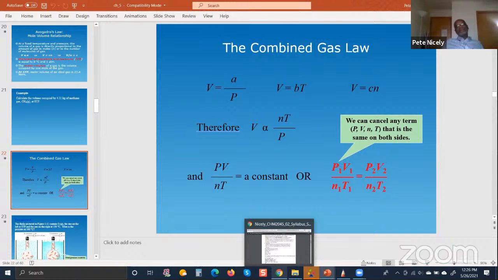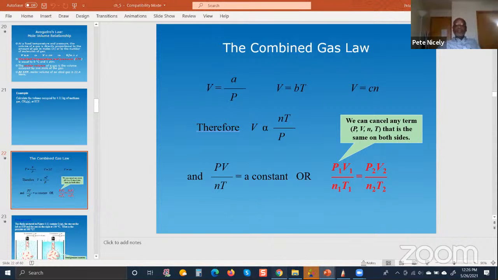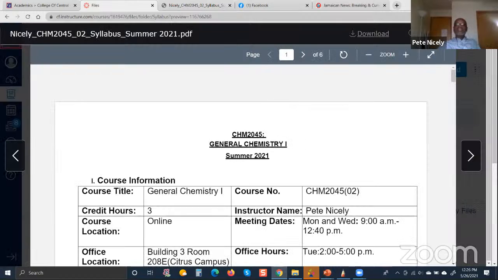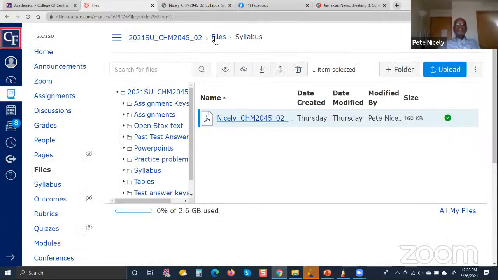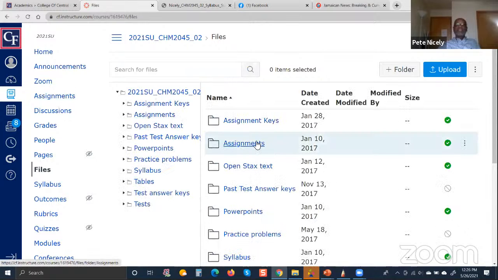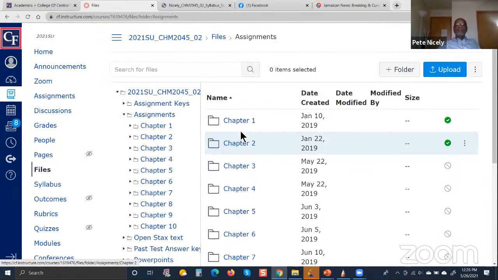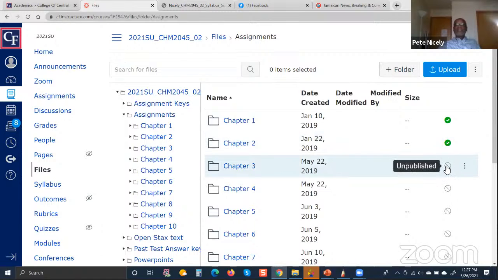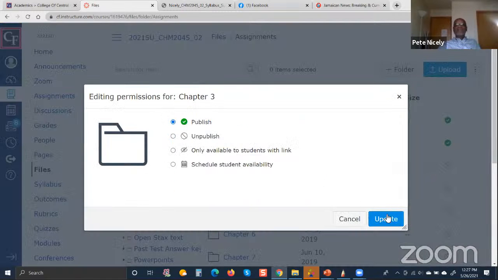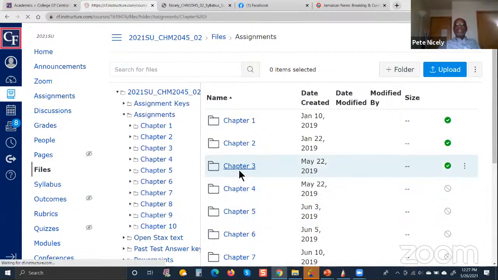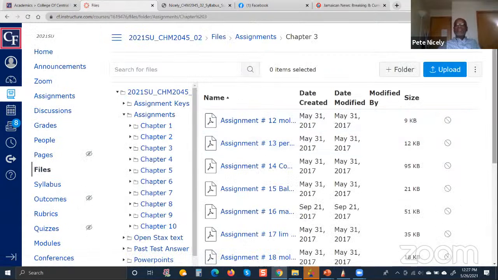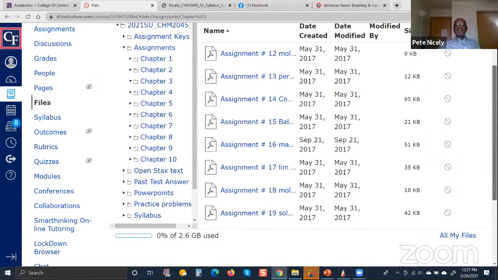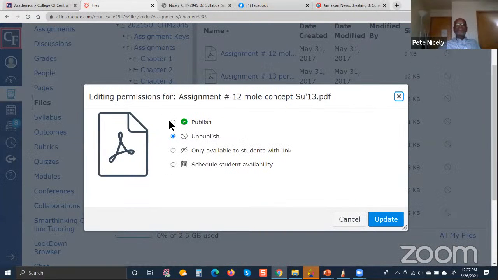Also, I'm going to, right now, go to Canvas and publish the assignments for chapter 3. Okay, you have assignments 12 through 19, so I'm going to publish those now.